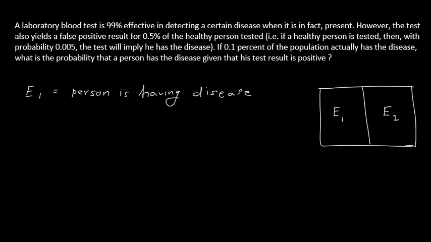And I will consider E2 that the person is not having disease or the person is healthy. And I will consider A as the event that the test result is positive.